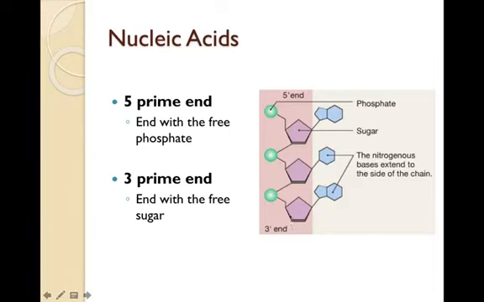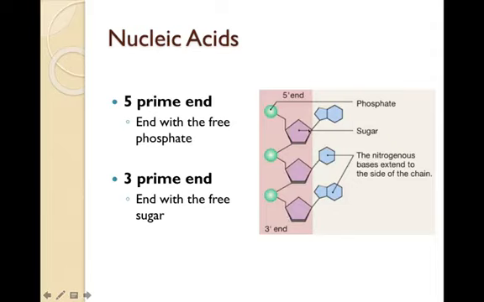So it's an end with a free sugar. There's no phosphate attached to that sugar, and that phosphate normally attaches to the 3rd carbon, so they refer to that as the 3' end. The 3' end of a nucleic acid has a free sugar, either ribose or deoxyribose.